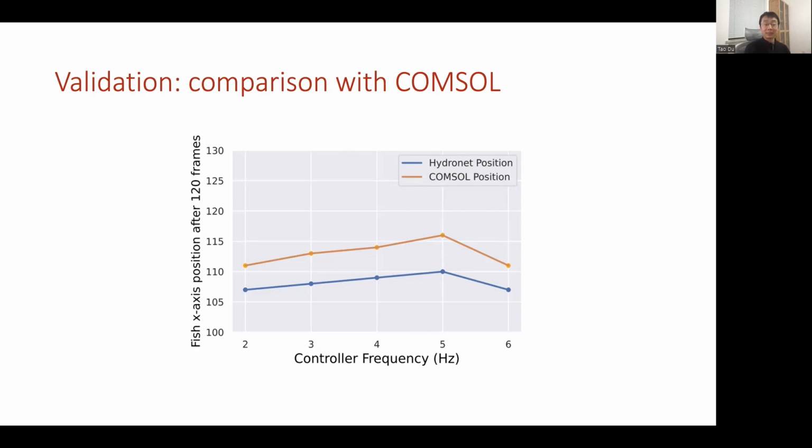So the margin between the two systems, our HydroNet results, the blue curve, and the COMSOL results, the orange curve, is actually less than you might think at first glance. It is about 5% relative error between them.